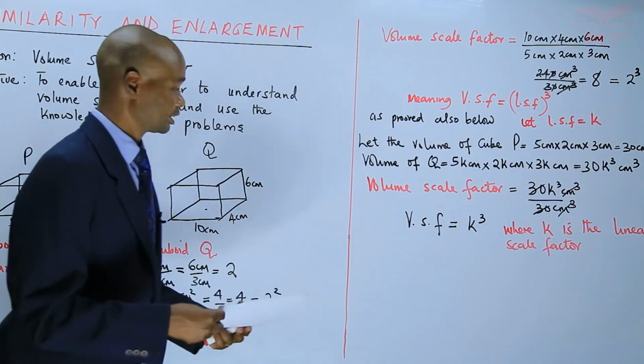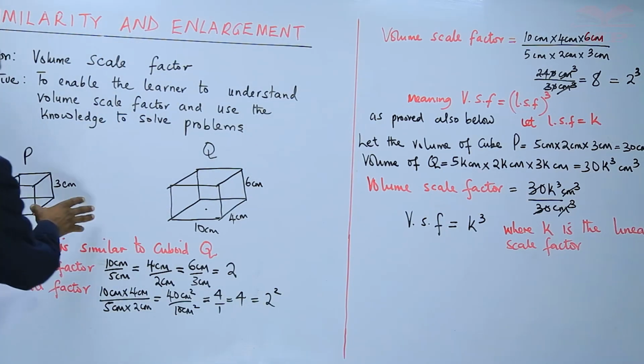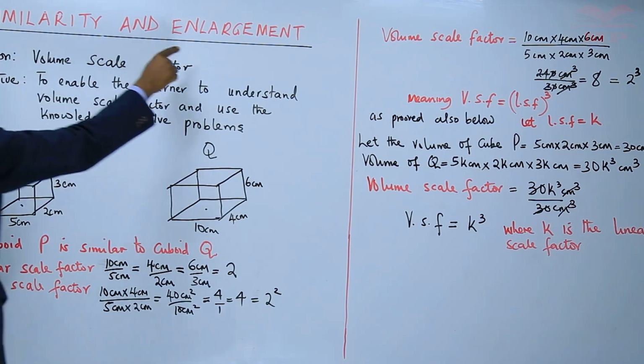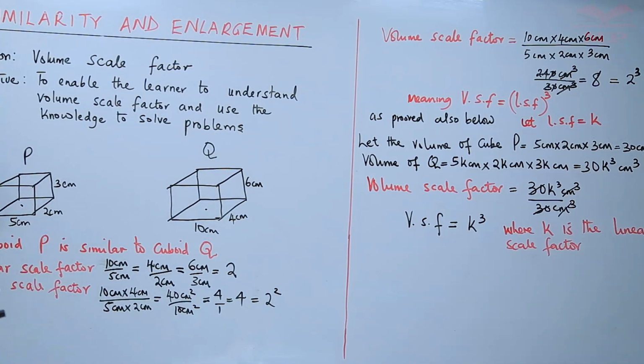At that juncture, learner, just go through again how we got to that. These were two similar cuboids, because we've been talking about similarity and enlargement.